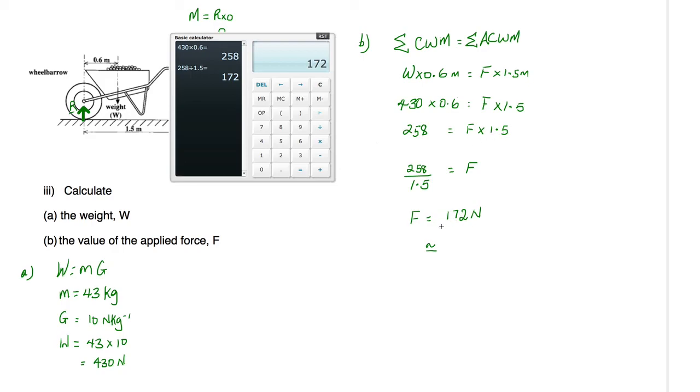So to round this up to a number that contains only one significant figure, that will give us 200 newtons. And this is correct to one significant figure. Okay, but this will pass as your answer for now. Okay, so that's it for this question.